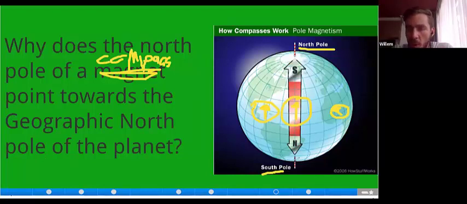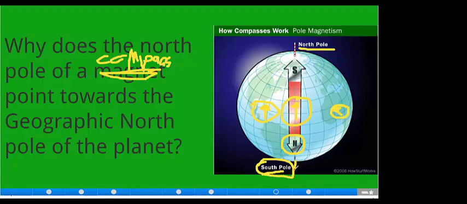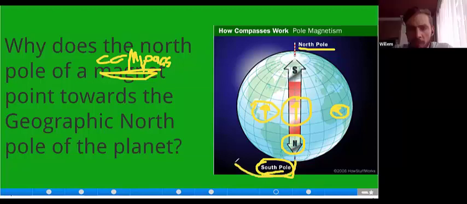So we know that the geographic South Pole of the planet is the North Magnetic Pole. You understand that? Yes. So out of the north, what do we know?